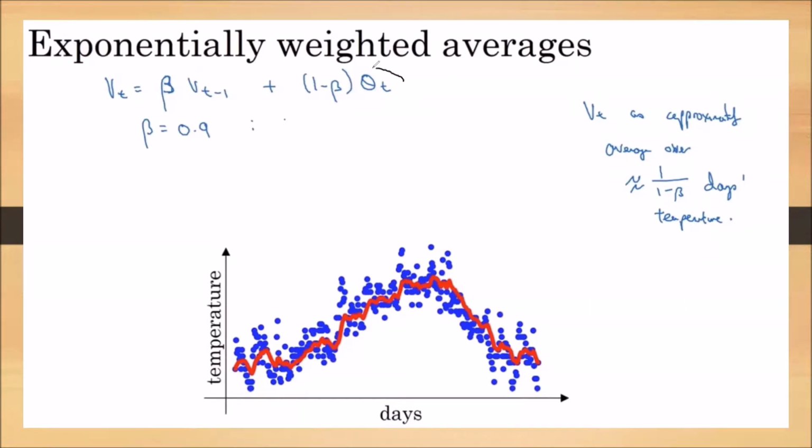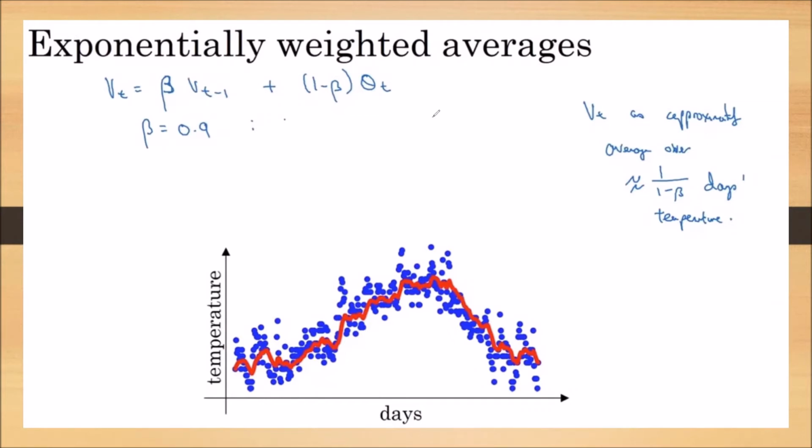Remember here, theta t is the present day temperature and Vt minus 1 is the previous moving average. So this depends on the previous moving average, the present day temperature and beta.